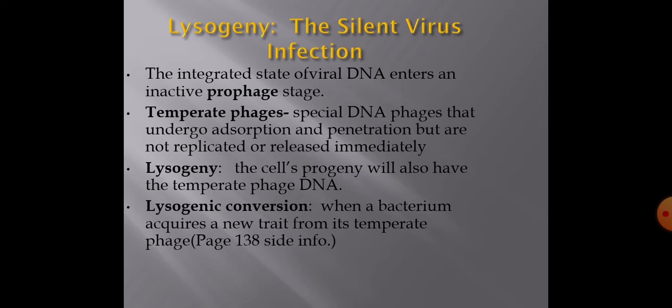Lysogenic conversion is a term which you will find on page 138 in the site information. You can see in that box, it is when a bacterium acquires a new trait from its temperate phage.